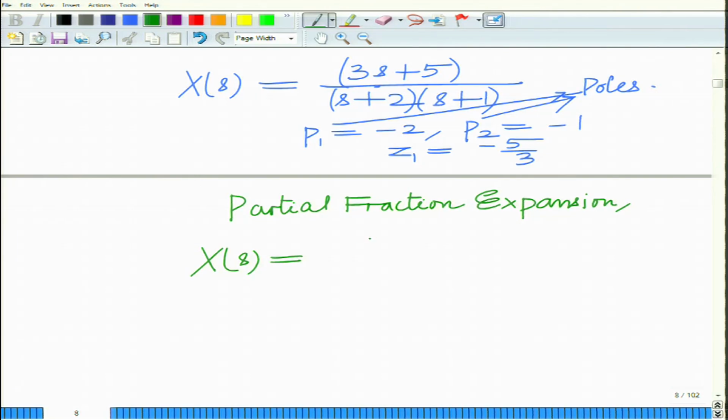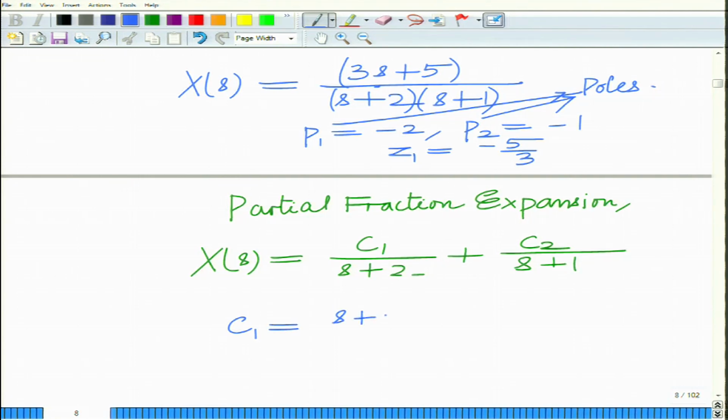X(s) equals some constant C1 divided by s plus 2, plus some constant C2 divided by s plus 1. Now, the way to evaluate C1, we already know, is (s plus 2), that is s minus P1, times X(s) evaluated at s equal to P1, that is, at s equal to minus 2.